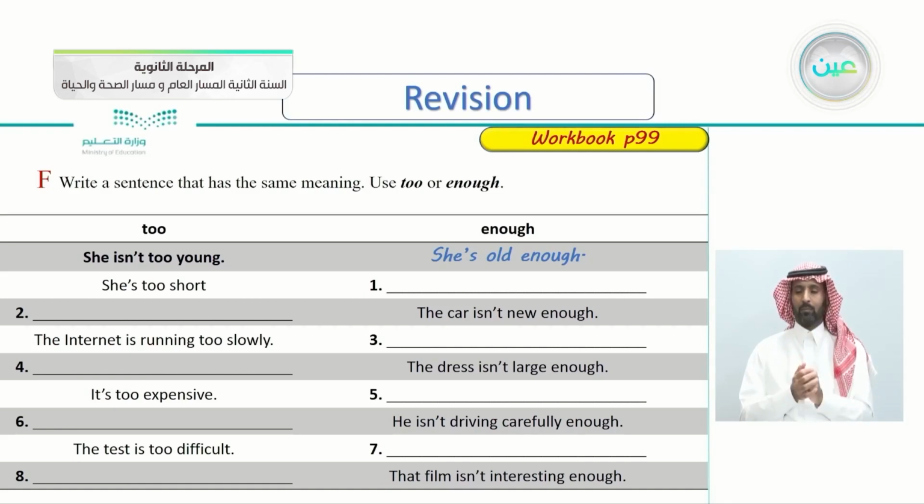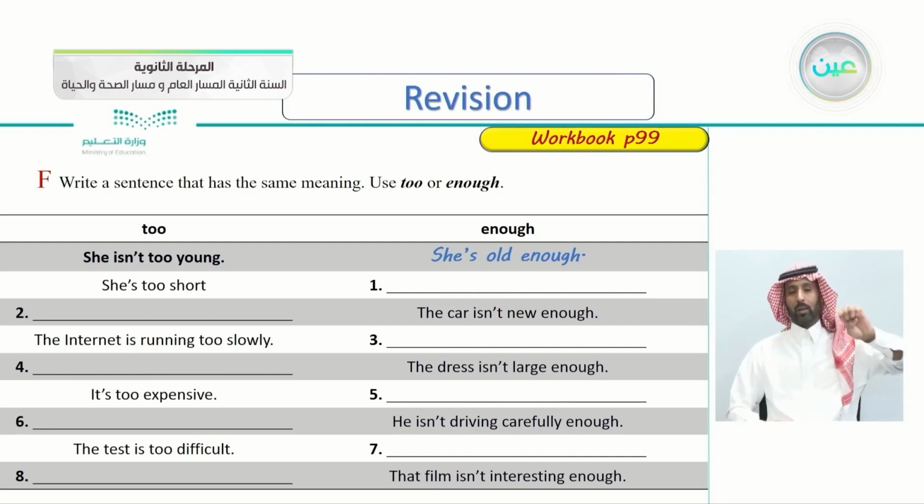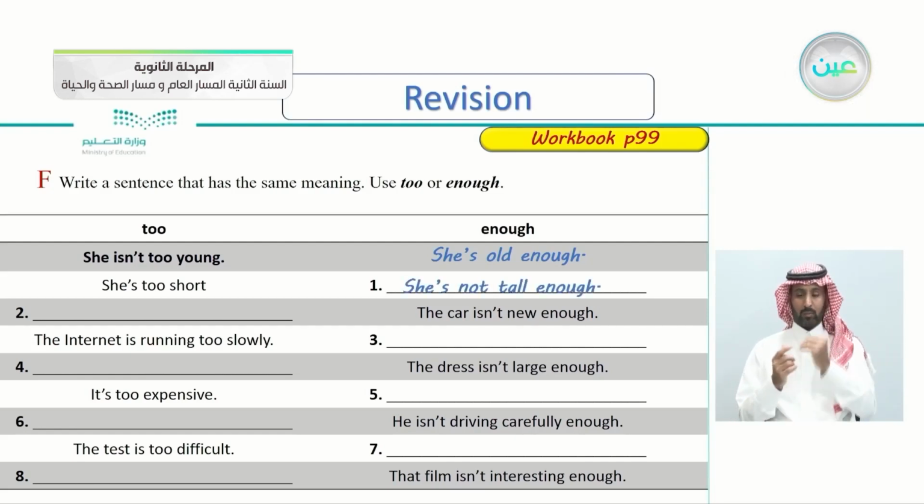She's old enough. So she's too short. So what sentence has the same meaning using enough? Yes, she's not tall enough.